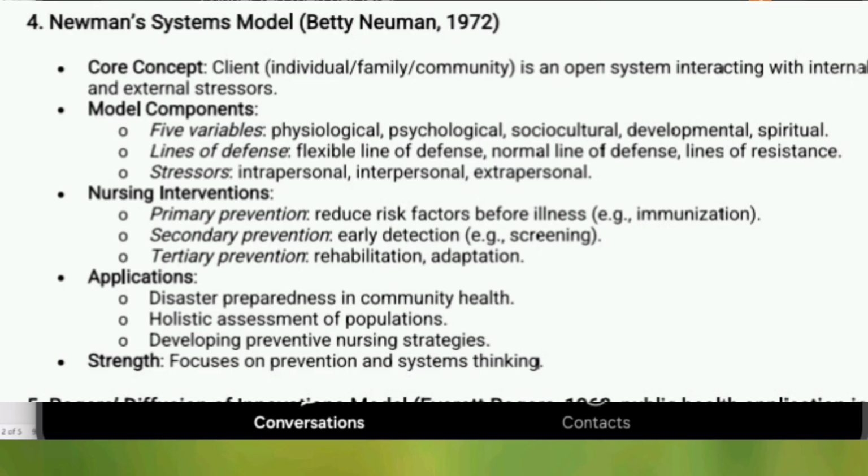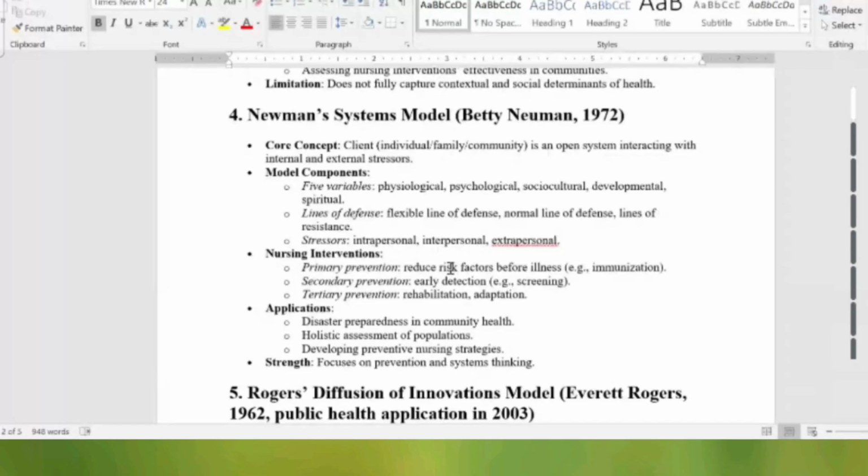Now, at the moment, apart from primary prevention, secondary prevention, and tertiary prevention, we have two other preventions. Before primary prevention, we have what you call primordial prevention.